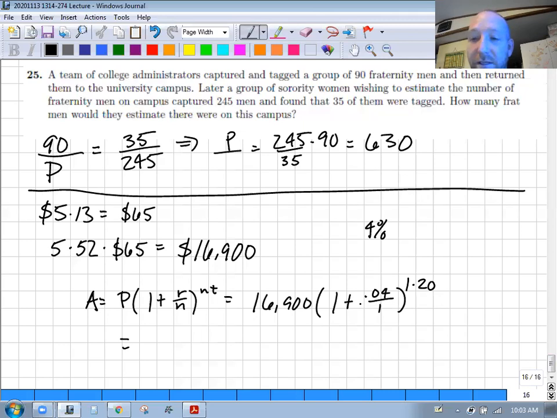So let's see, I got 1.04 to the power of 20, and now multiply that by 16,900. That gives me $37,098. So that's just 1 year's worth of tips, right?